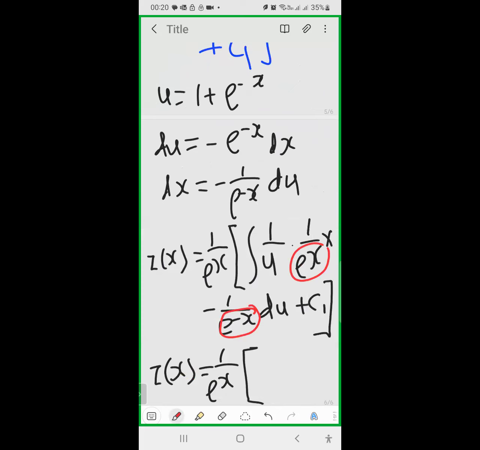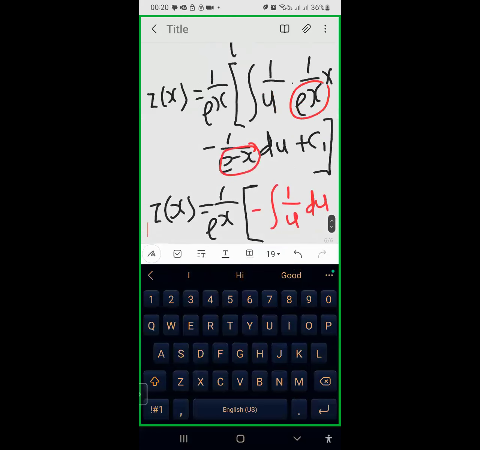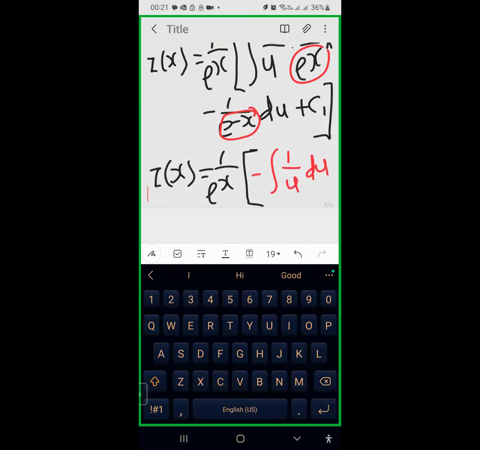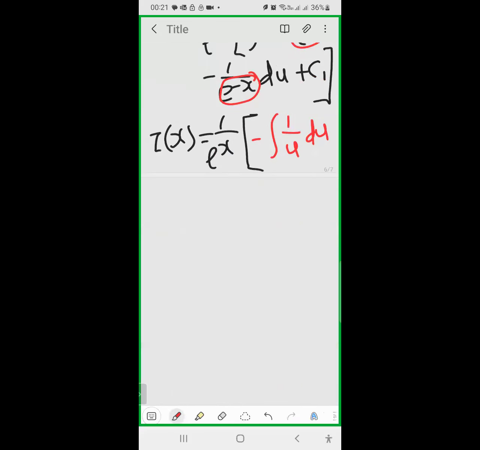Therefore, we're going to have this to be minus the integral of 1 over u du, and this is added to the constant term C1.